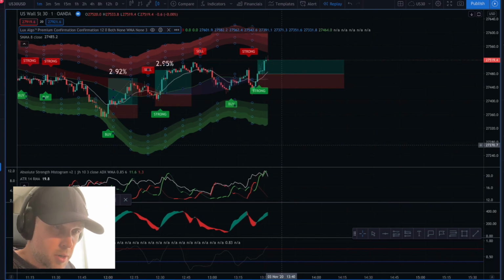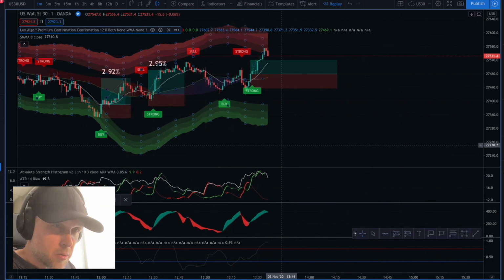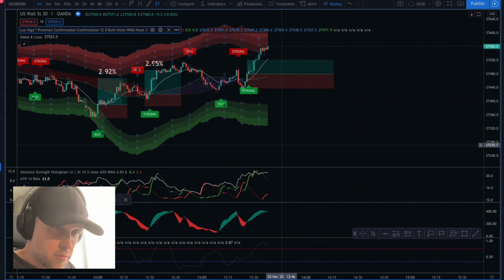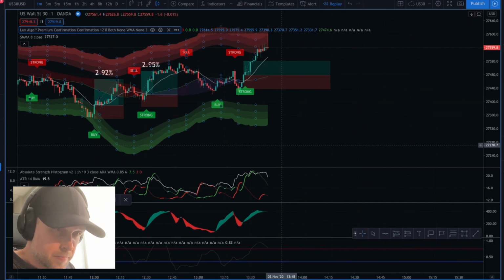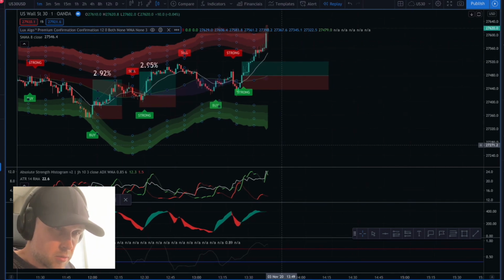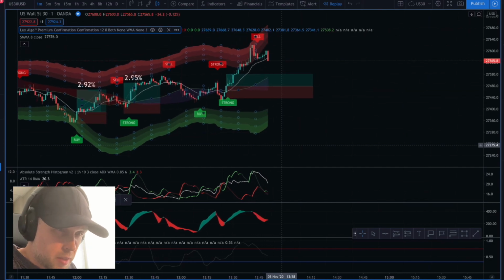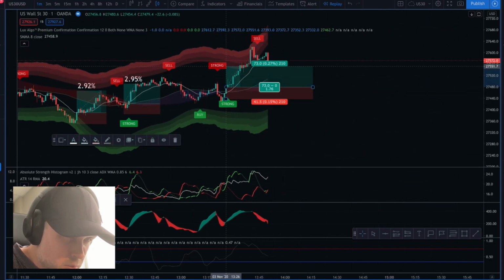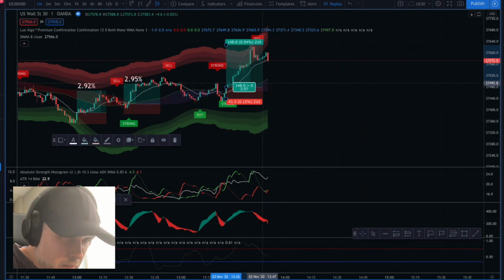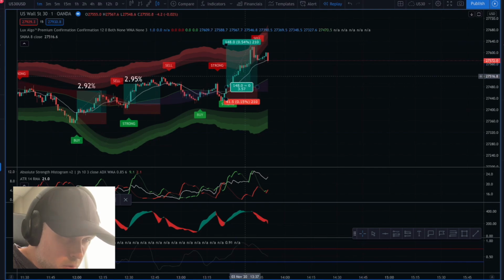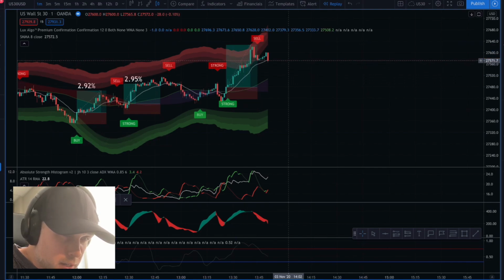There's our first take profit. Now it looks like we're going up even further into the reversal band on that one. Oh wow, look at that. So that looks like that would have stopped us out shortly after this peak here, maybe a couple minutes after. Let's just do a quick measurement. We are at 41.5.